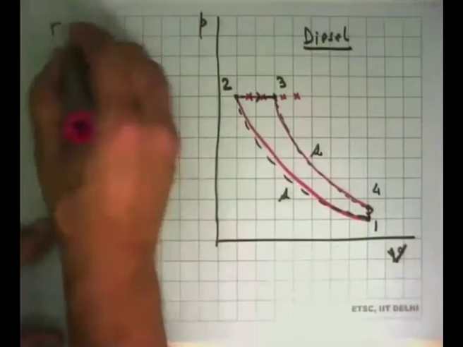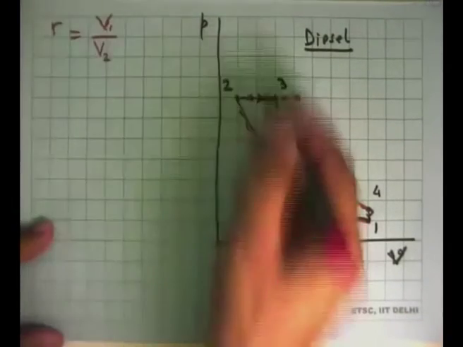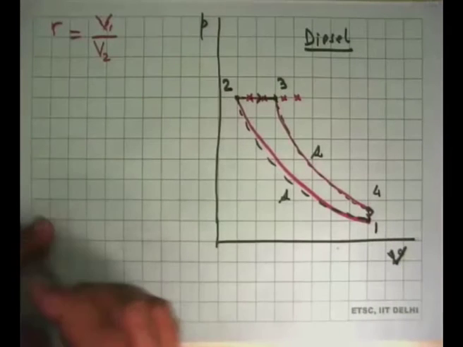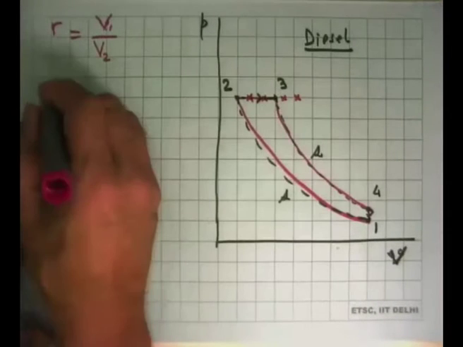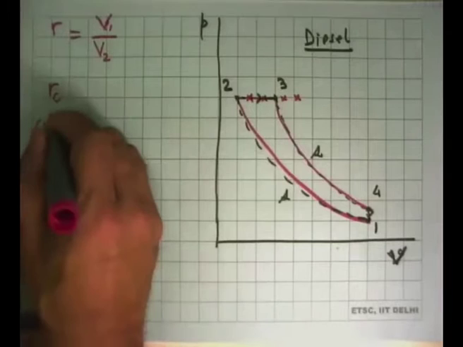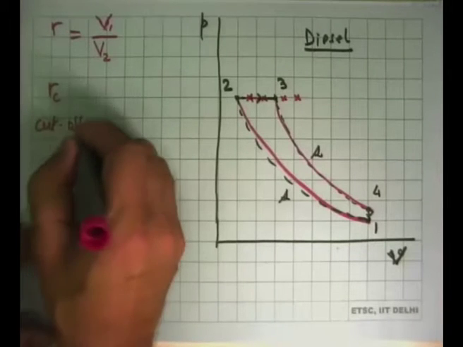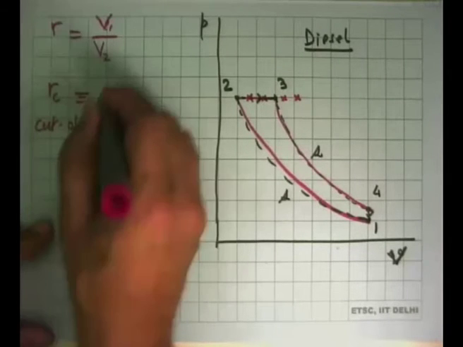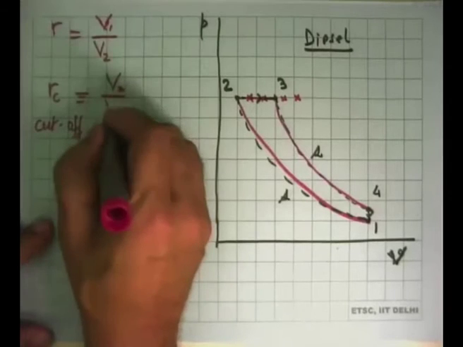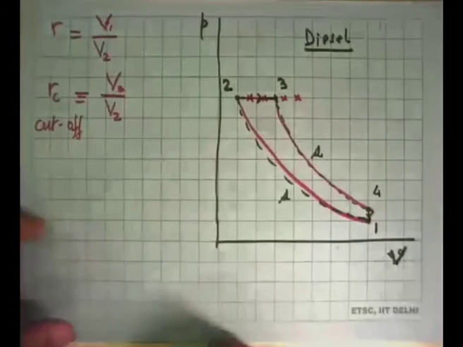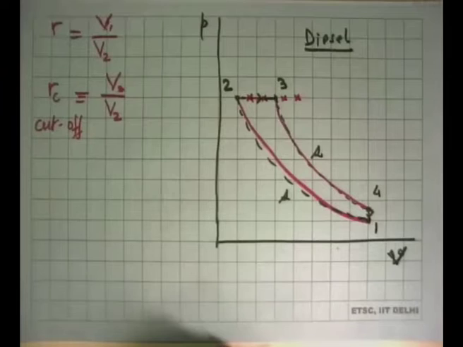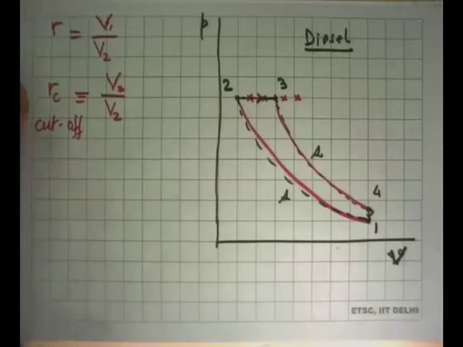So first is the compression ratio R, which was again V1 divided by V2, or you can take V4 by V2, doesn't matter. The second is the cutoff ratio, defined as V3 upon V2.